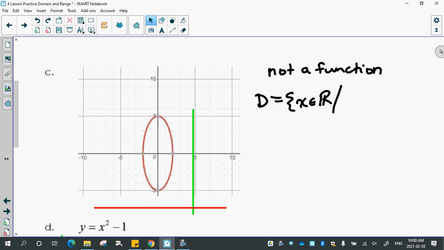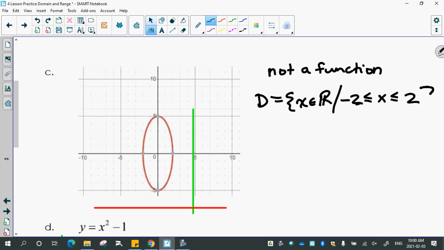And then I'm not on the graph again. Okay? So I want all real numbers between and including -2 and +2. So I'm bounded. So that means I'm going to have -2 and then 2 as my boundaries, x in the middle, and -2 and 2 are included, so I have less than or equal to signs.